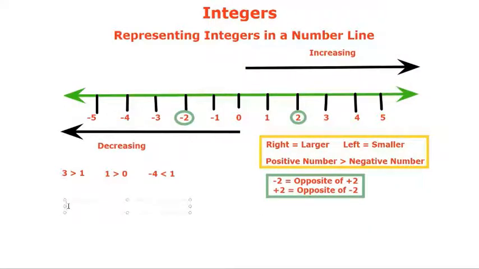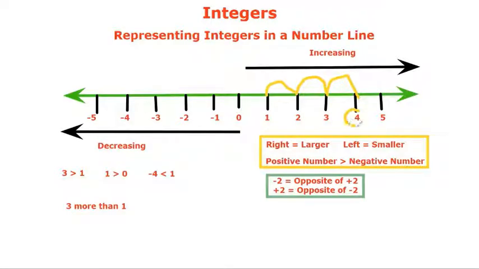Suppose we're asked to find what is 3 more than 1. What do you think we will do? Yes, we will move 3 to the right of 1. So 1, 2 and 3.